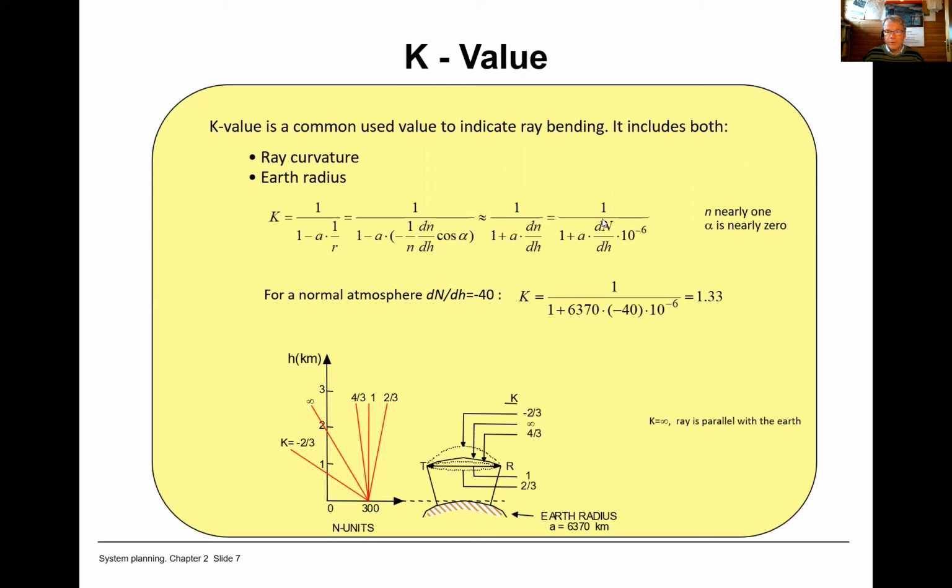If you put in the radius of the Earth and a normal dN/dh of minus 40, then you see that you have a K value of 1.33.